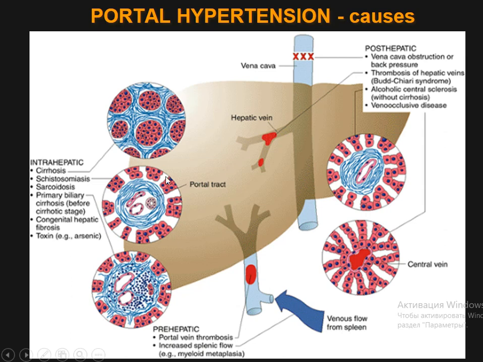Intrahepatic portal hypertension is usually caused by cirrhosis. Regenerative nodules in the cirrhotic liver impinge on the hepatic veins, thereby obstructing blood flow distal to the lobules.